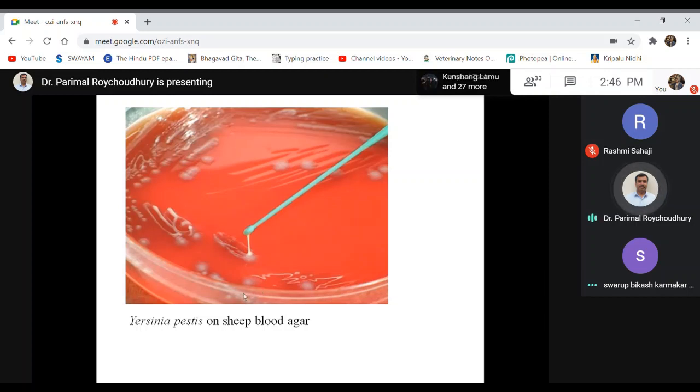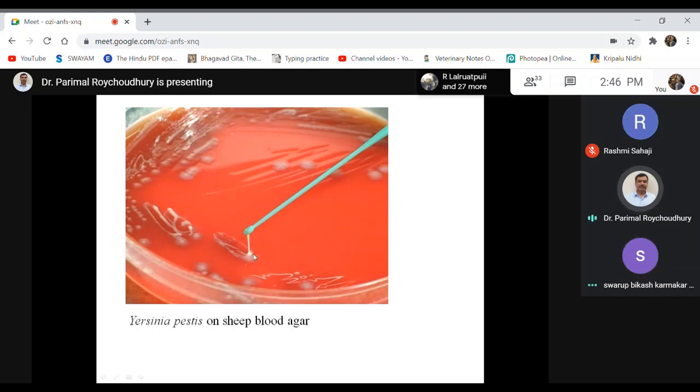Here it is, as you know, Yersinia pestis that causes plague in humans. This is one of the most pathogenic organisms causing severe septicemia. So their colonies are sticky in nature. You can just see it here. If you try to touch with any inoculation stick, then they will attach just like a rope.